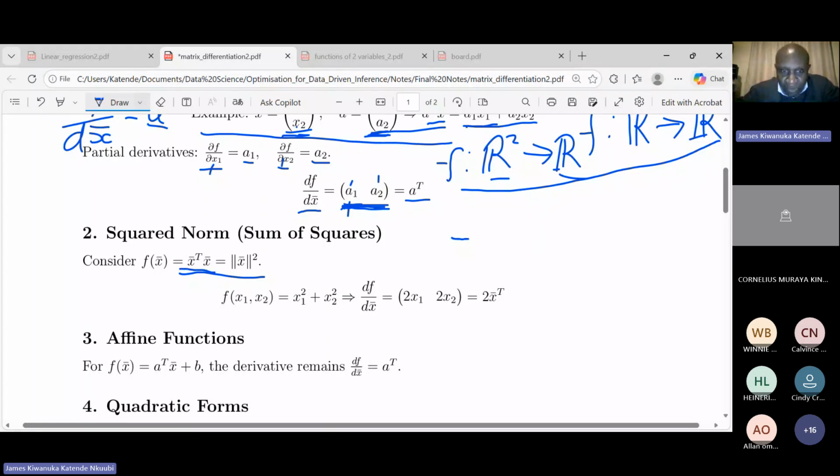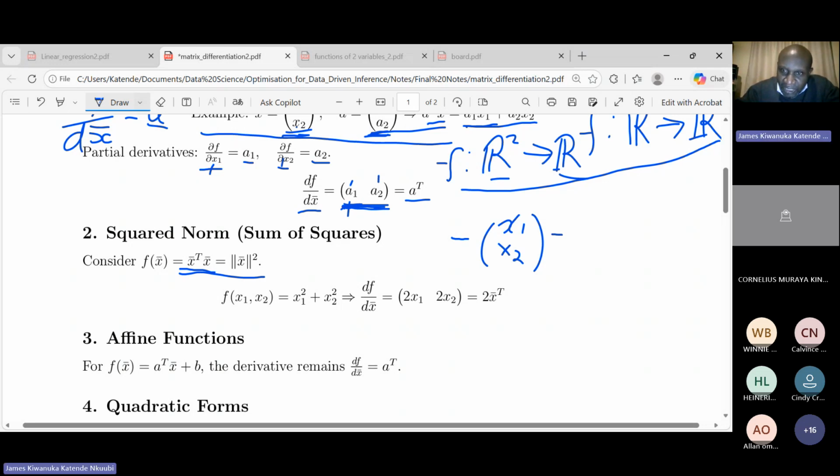So for example, if your vector is this x1, x2, with only two variables, this can be extended to any number of variables, but for purposes of illustration, it's faster to work with two variables.